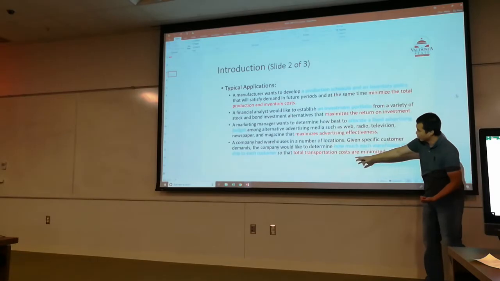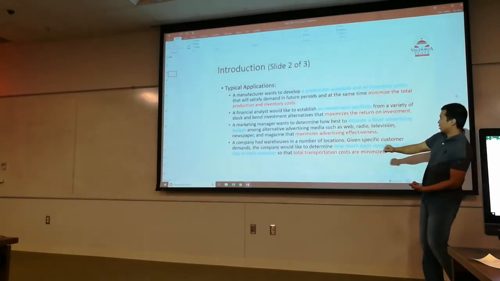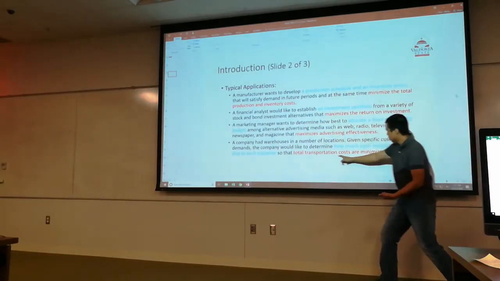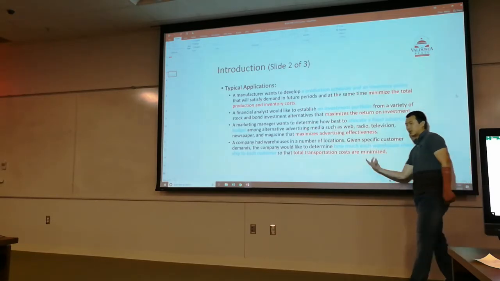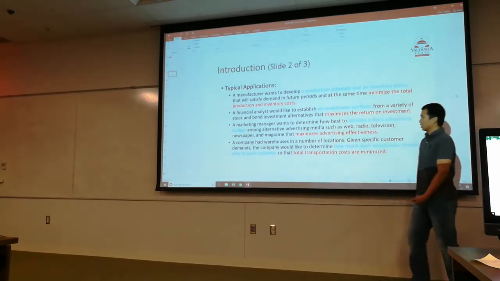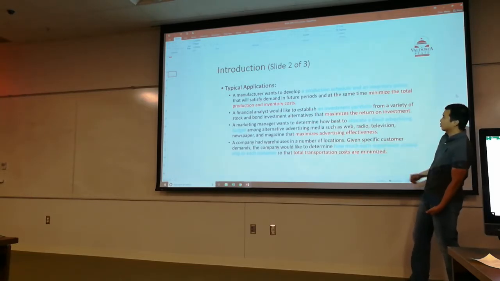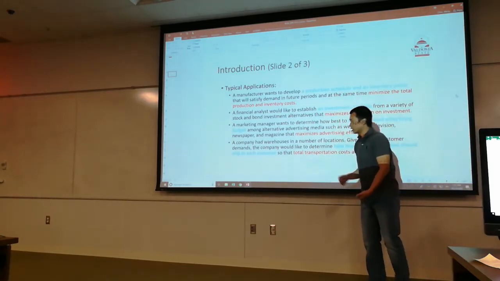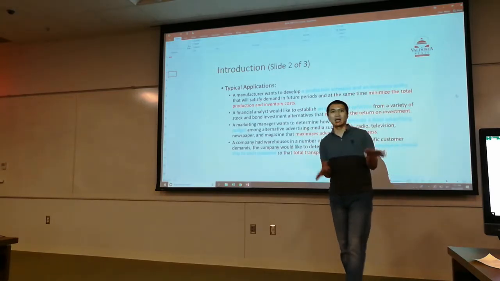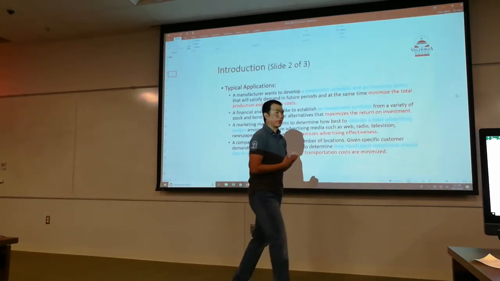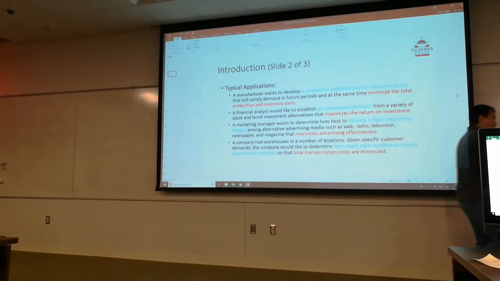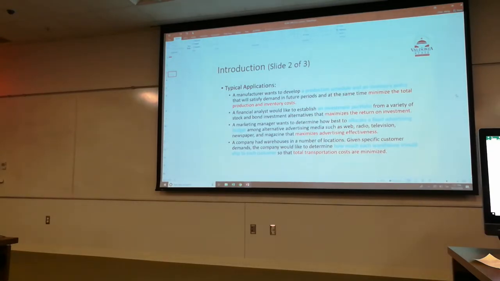And the last one, so that the transportation costs are minimized. So they want to minimize the cost. And they want to know how much each warehouse should ship to each customer. So the shipment plan, that's the decision they want to have. So the objective function and the key decisions they want to make.